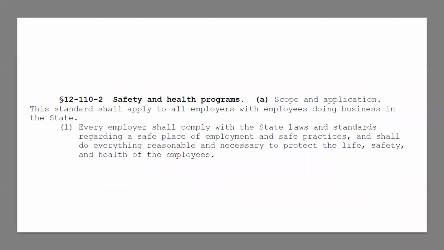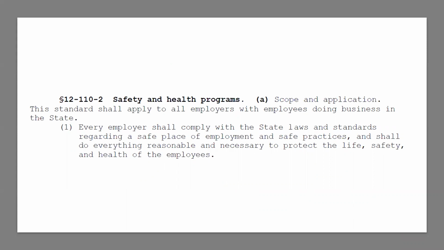So the next thing to talk about, this is the state of Hawaii. This is the Hawaii Administrative Rule 12-110-2, and this talks about safety and health programs. And I want to focus on just the words for a second, because I really believe words have meaning, okay? And the order of things and the specific use of certain words, it matters, it makes a difference. And so what is the title of this section? It's titled Programs.